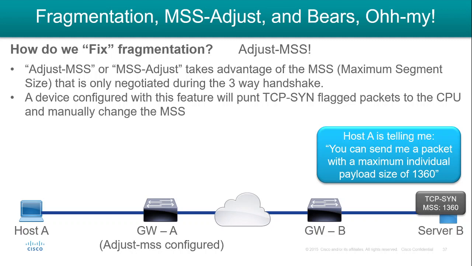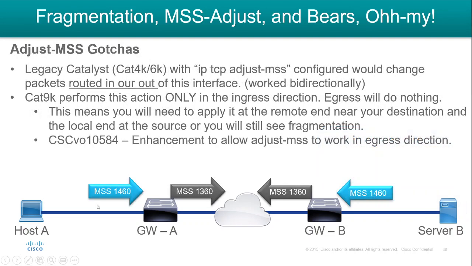Assuming this happens bidirectionally for both the SYN and the SYN-ACK, this means that any SYNs generated by the host get rewritten to 1360, and any SYN-ACKs or SYNs generated by the server also get the same value. Now, all of the remaining TCP packets in this flow will use this smaller negotiated value.